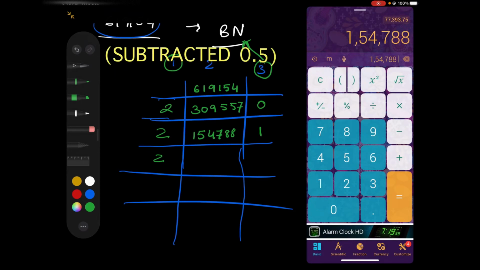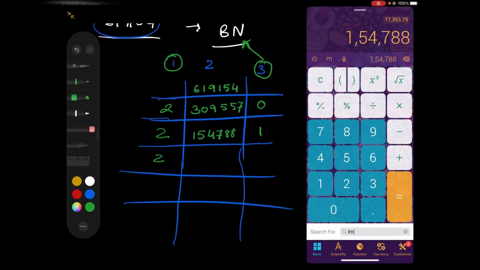So here we have 154788. We have to again divide it by 2, and we are getting 77394.